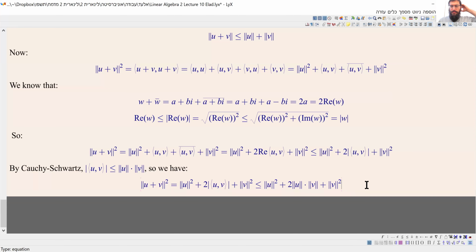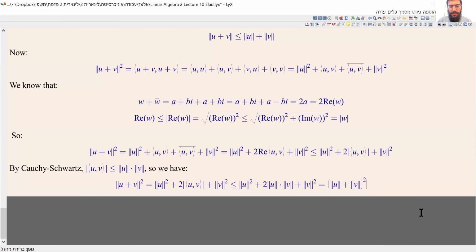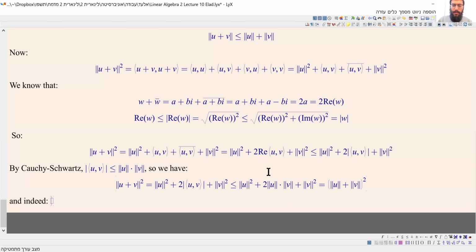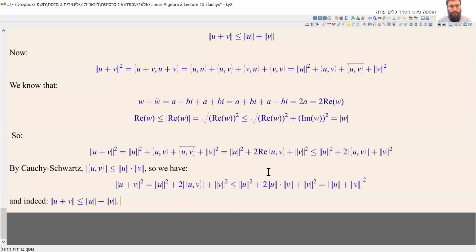We know that this is the norm of u plus the norm of v, squared. And indeed, taking the square root of each side, the norm of u plus v is smaller than or equal to the norm of u plus the norm of v.